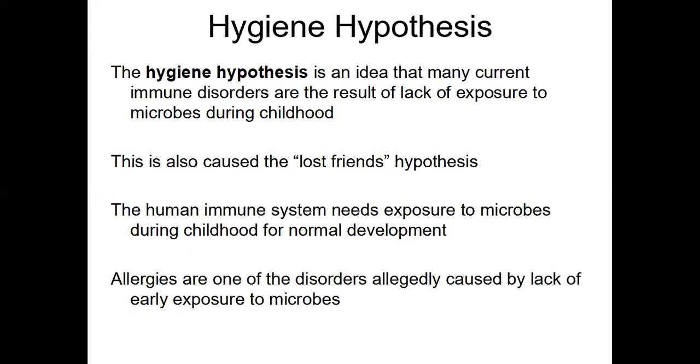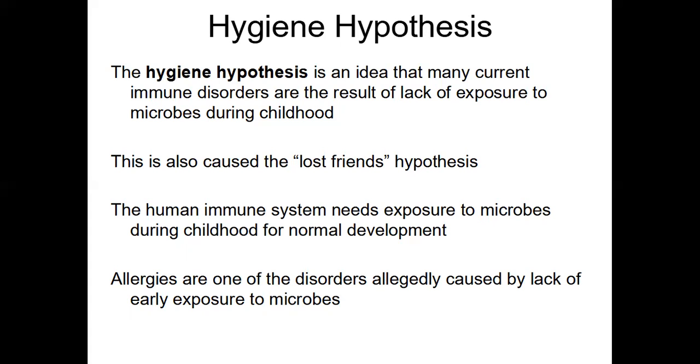Now we're too clean. Also, I know cesarean sections save lives, but they also deprive you of microbial exposure at a critical point in your life. So the hygiene hypothesis is also called the lost friends hypothesis. It is the idea that the human immune system needs exposure to microbes during childhood for normal development. Remember, we evolved to live in a dirty microbial world.